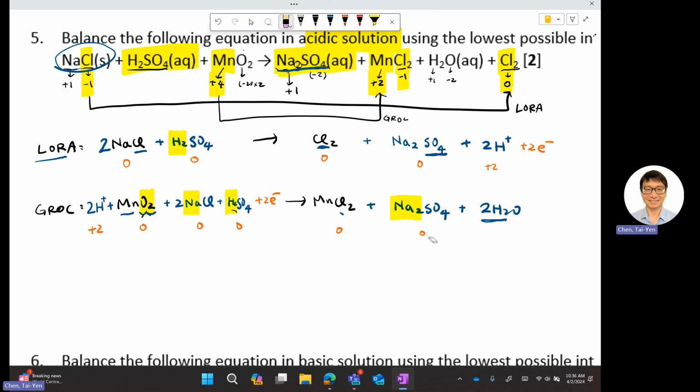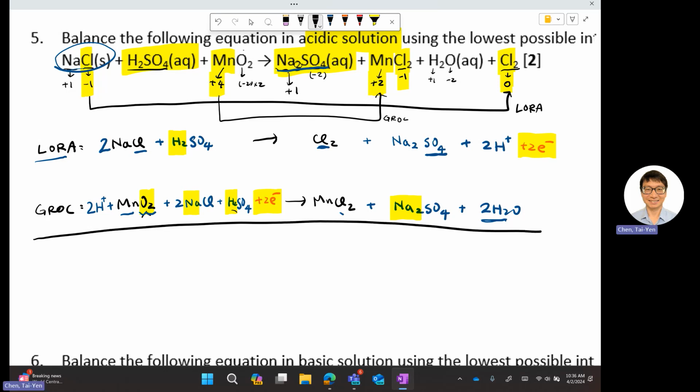After you do that, we have balanced both the atoms and charge for your LoRa and G-rock. The next step is to check whether the electrons given out from LoRa are the same as the electrons accepted by your G-rock. The answer is yes, so all you do is add them up.